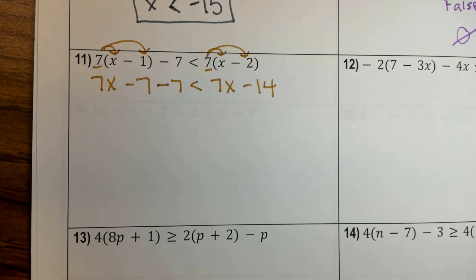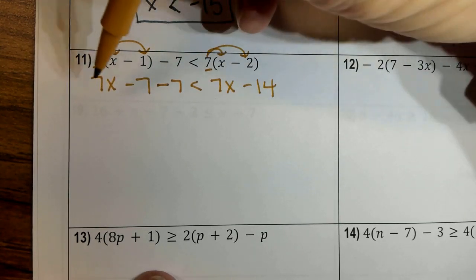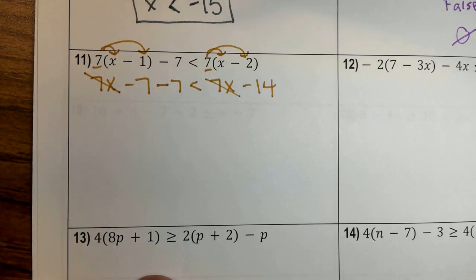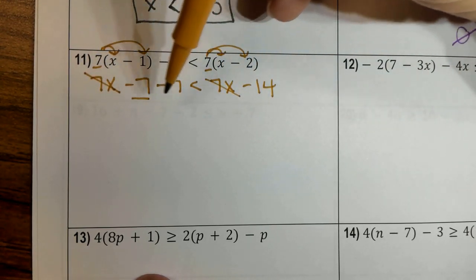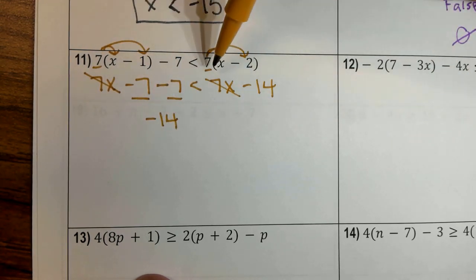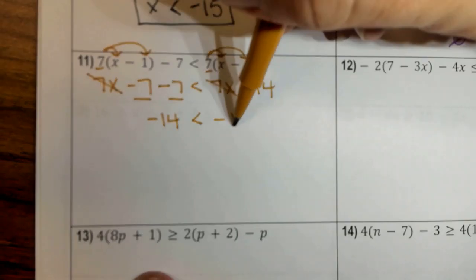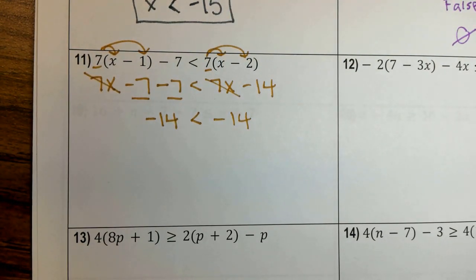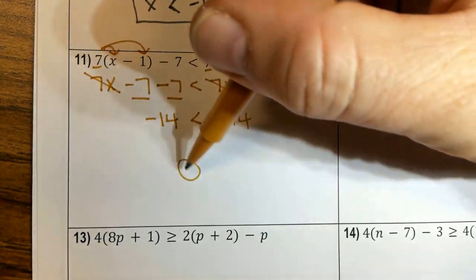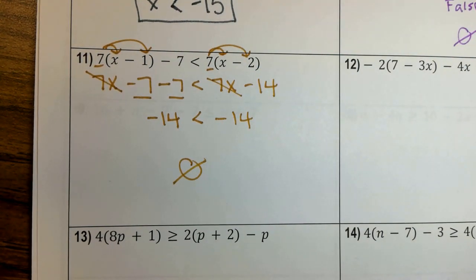Now this looks like a lot of 7s, and it kind of is. So notice my x's are the exact same thing. So I'm going to cross those out. And then I want to combine these two. Negative 7 minus 7 is negative 14. And negative 14. So this is the same situation that we just had. Negative 14 is not less than negative 14. So that is my answer, is no answer.